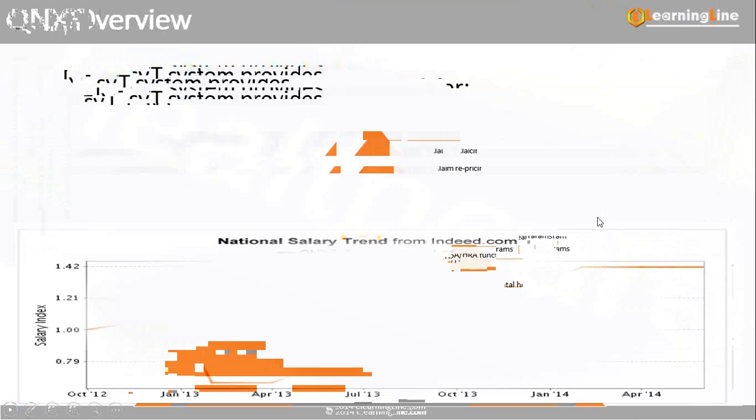So there are plenty of jobs on the QNXT implementation side as well, and there are many more clients switching from their older application or maybe their manual processes to the QNXT application. So again, it comes down to the client need, what they are looking for and how they are looking for it.